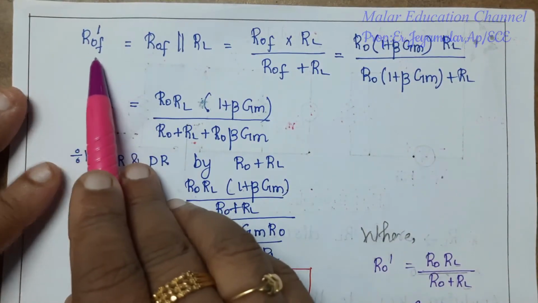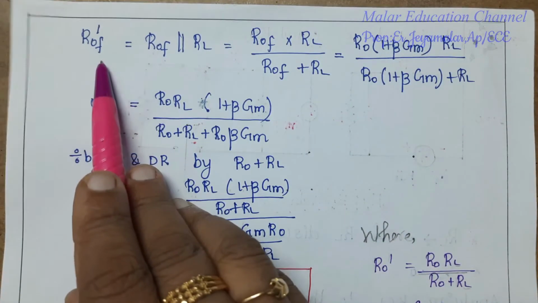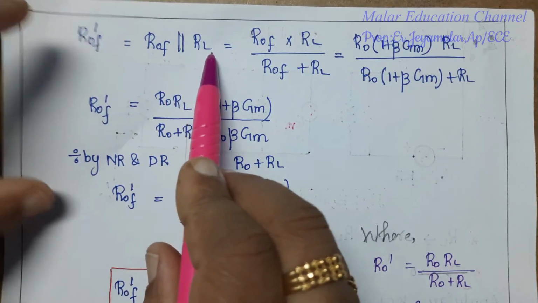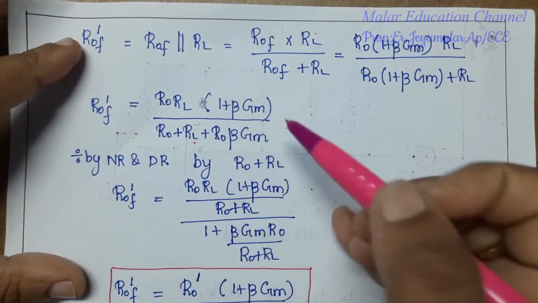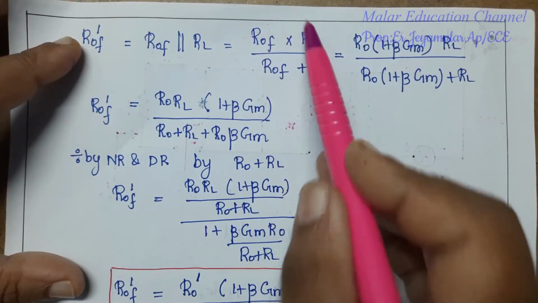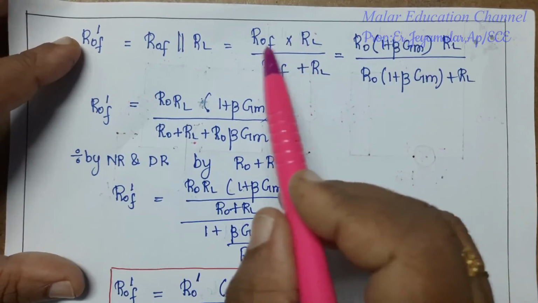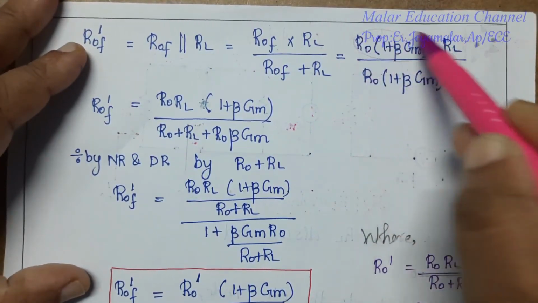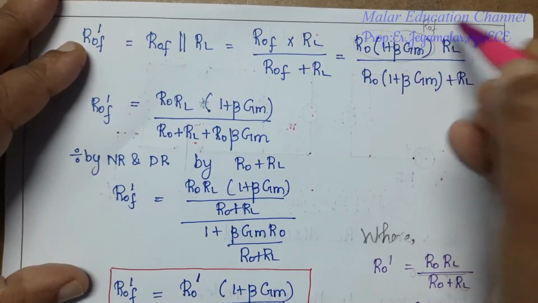Next, for output R dash, output with feedback calculations, that is R naught F parallel RL. Apply the parallel formula, R1 R2 divided by R1 plus R2. Substitute the value of R naught F here. This is for R naught F value.